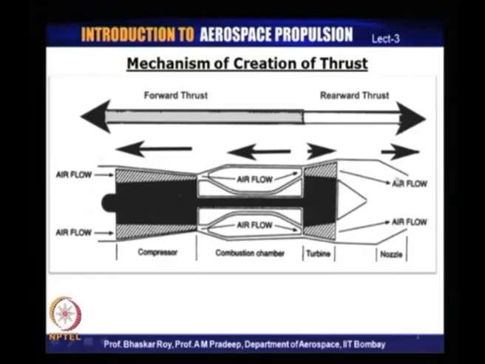So, this difference of static pressure, again from fluid statics, is most likely to create a pressure field, the net pressure of which would be acting in the backward direction.